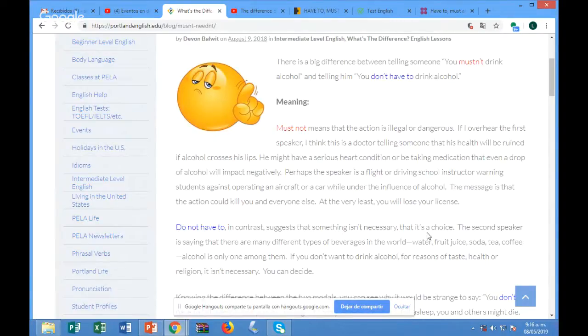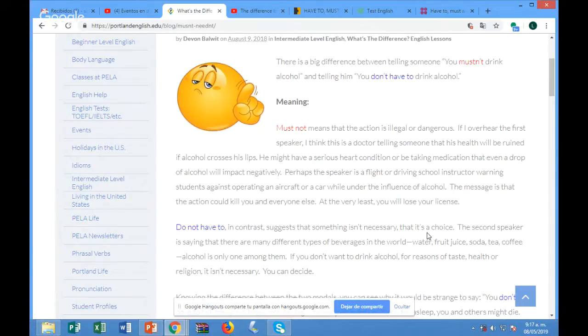If I overhear the first speaker, I think this is a doctor telling someone that his health will be ruined if alcohol crosses his lips. He might have a serious heart condition or be taking medication that even a drop of alcohol will impact negatively. Perhaps the speaker is a flight or driving school instructor warning students against operating an aircraft or a car while under the influence of alcohol.